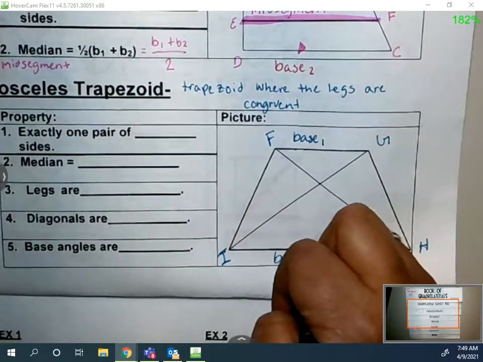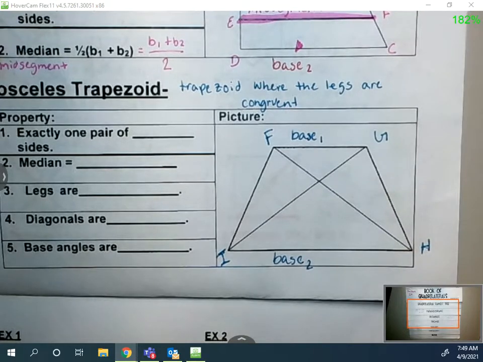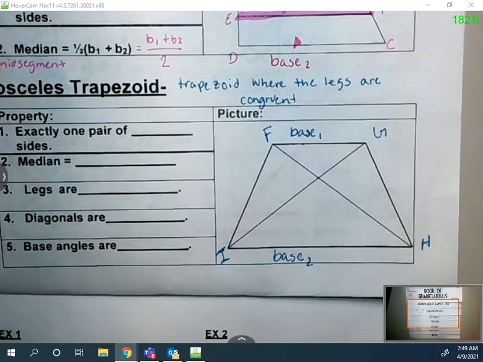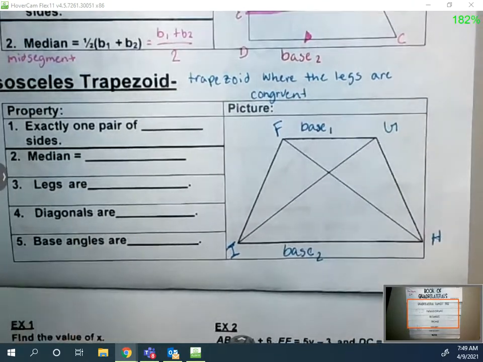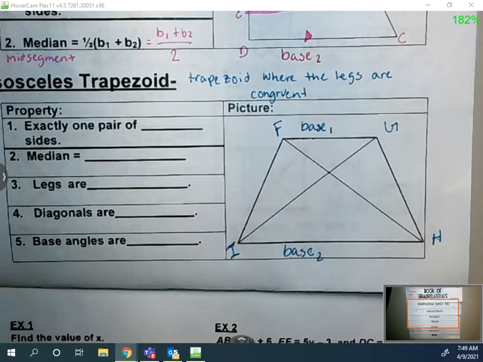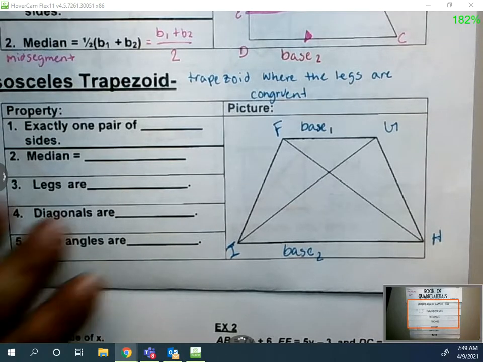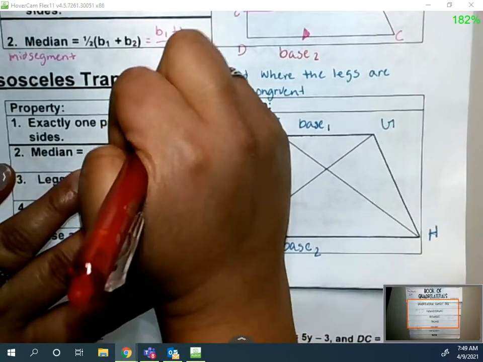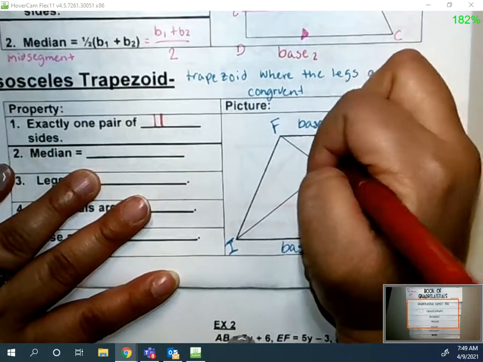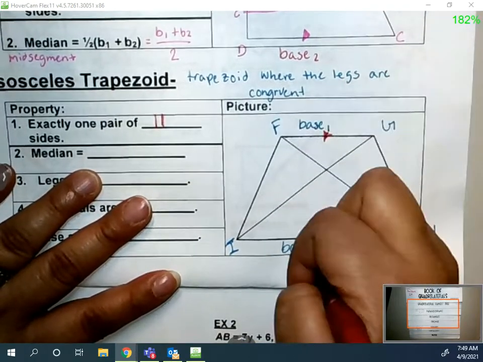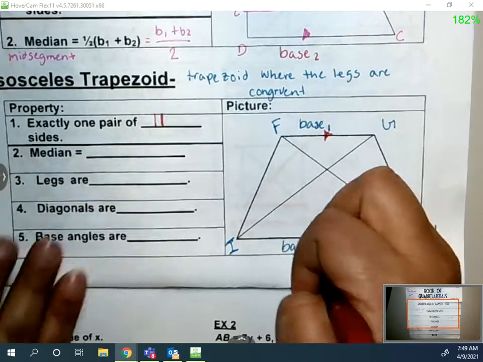What do you think the legs are? FI and GH. That's right. So that's going to be our first property: it has exactly one pair of parallel sides. We're just going to show that they're parallel. The bases will always be parallel.